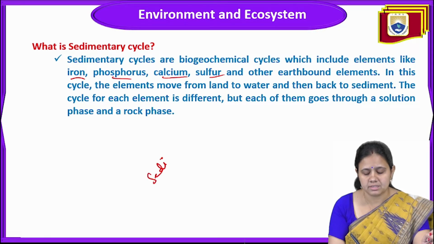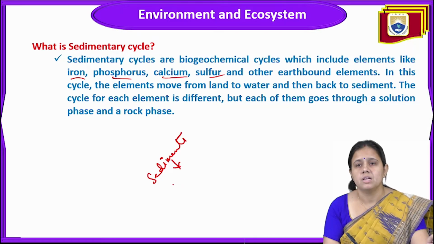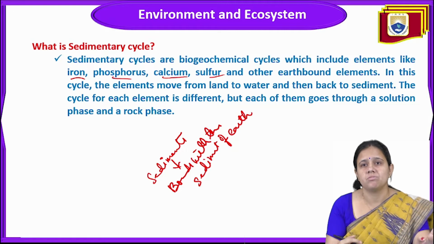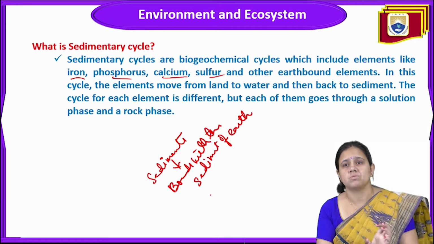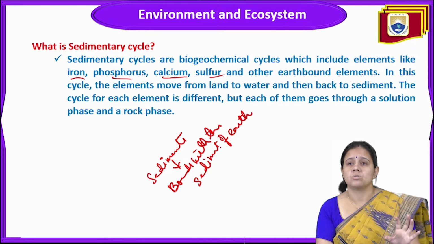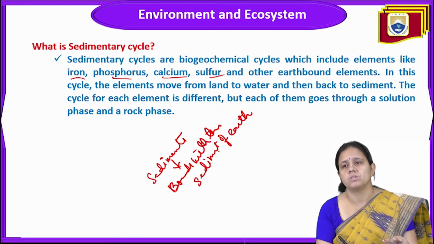The name already suggests sediments, meaning those elements that are bound with the sediments of the earth. Examples are the iron, phosphorus, calcium and sulfur cycles, all those elements that are bound with the earth.